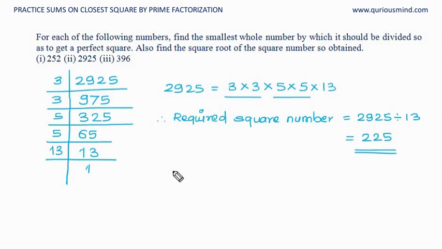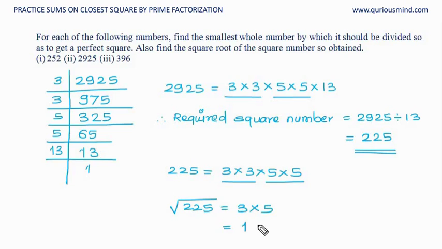And now to get the square root of 225, we'll find the factors of 225, all the factors except 13, because we have divided by 13. And if we look at the pairs, 3 and 5 should be multiplied to get the square root of 225. So that is the square root of 225.